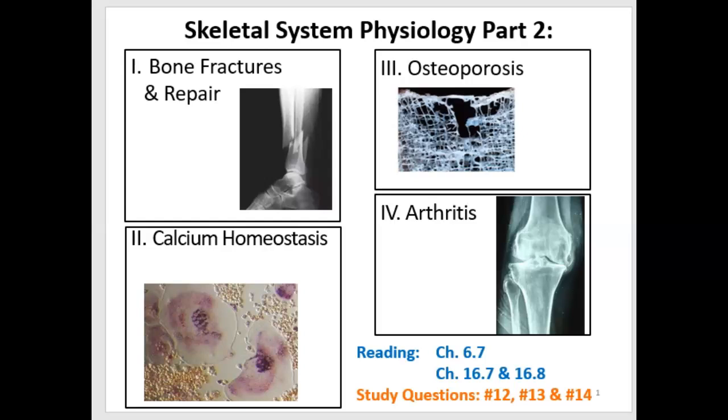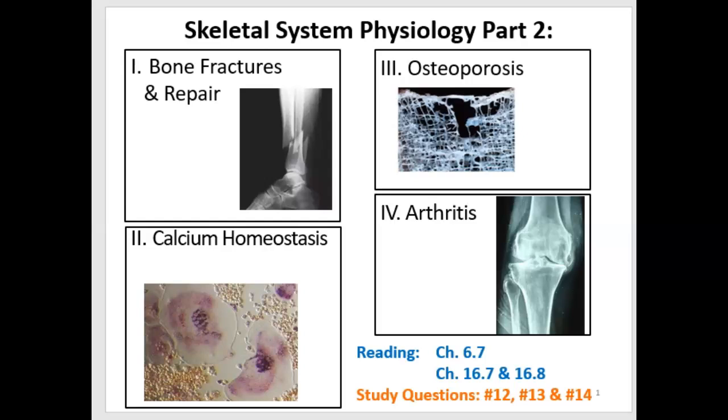If you remember last time with the skeletal system, we talked about how bones form through endochondral ossification as well as intramembranous ossification. And we also talked about how bones remodel continuously over an adult's lifetime.